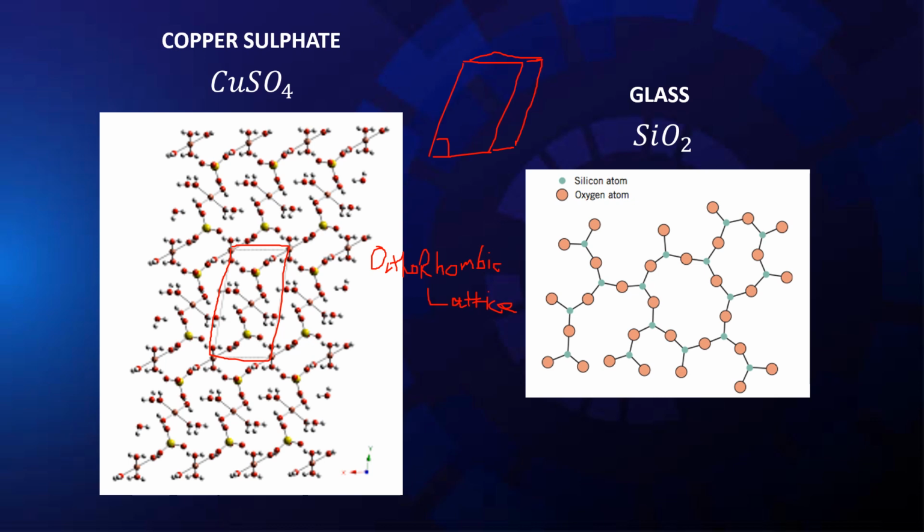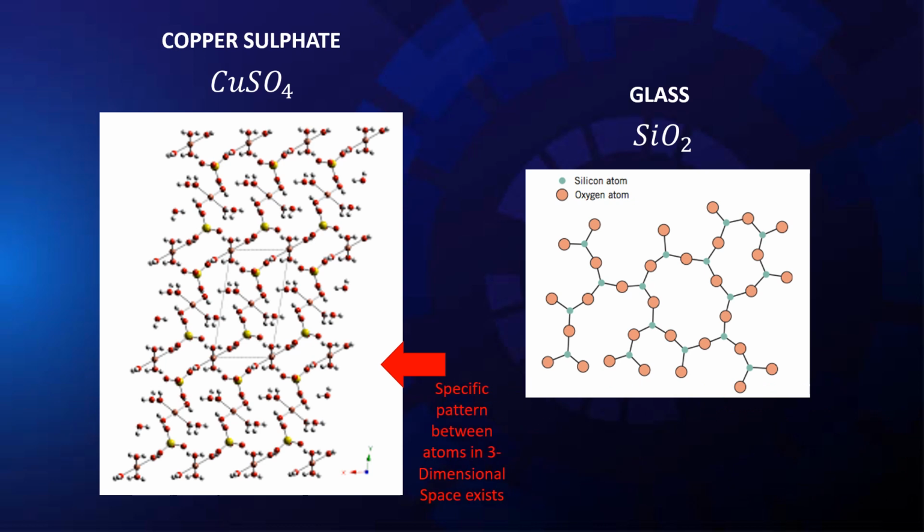Copper sulfate has a regular arrangement of atoms or molecules, and we can see that in this structure: regularly bonded copper, sulfur, and oxygen atoms. Thus we have a specific pattern between atoms in three-dimensional space. This is what we generally call a lattice.